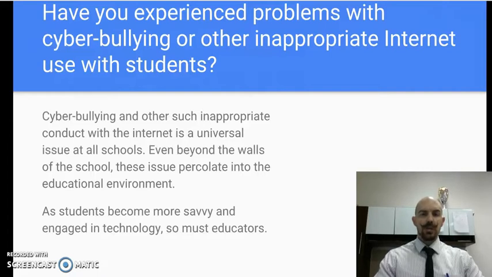Phones are essentially small computers. Many of them come with internet access that the families are providing. The school doesn't have control over that, but when the students bring that into school, it now becomes a school issue. So even beyond the walls of the school, these issues can kind of percolate into the educational environment. As students become more savvy, though, I think it's important that educators become just as savvy.